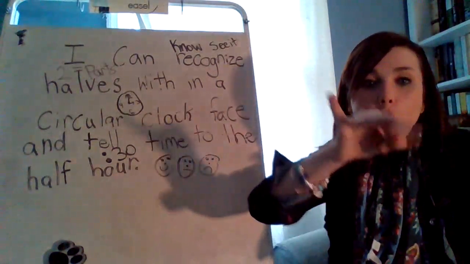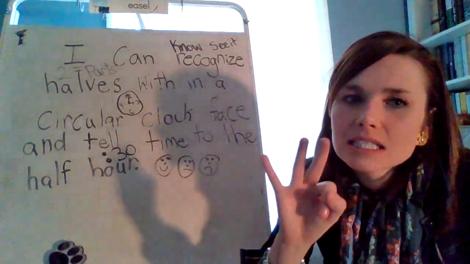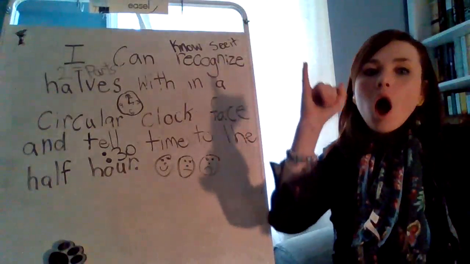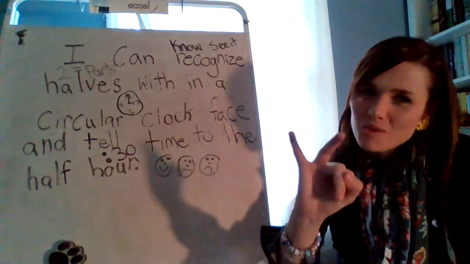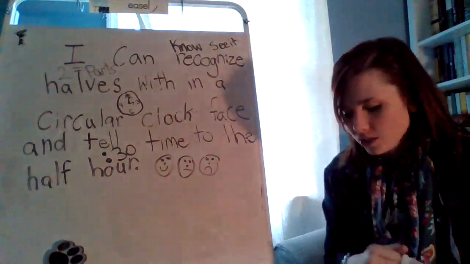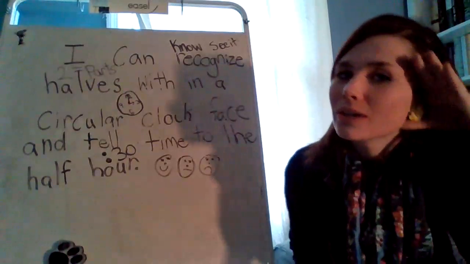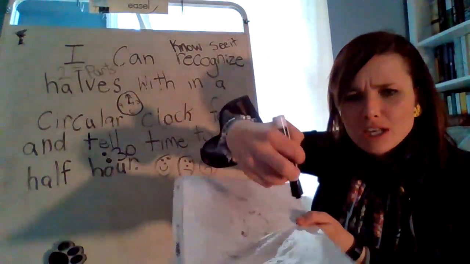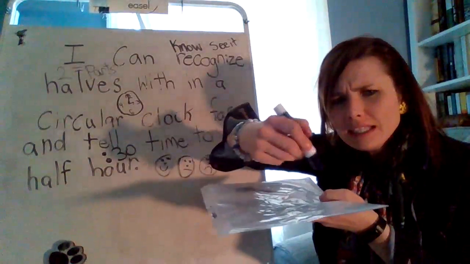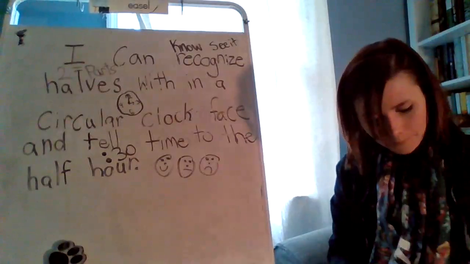Then we need to write the number sentence and the statement. RDW. A read, draw, write. Nice job. All right. The first time I read the story, I want you to just listen. The second time I read the story, I want you to get that marker moving and grooving.